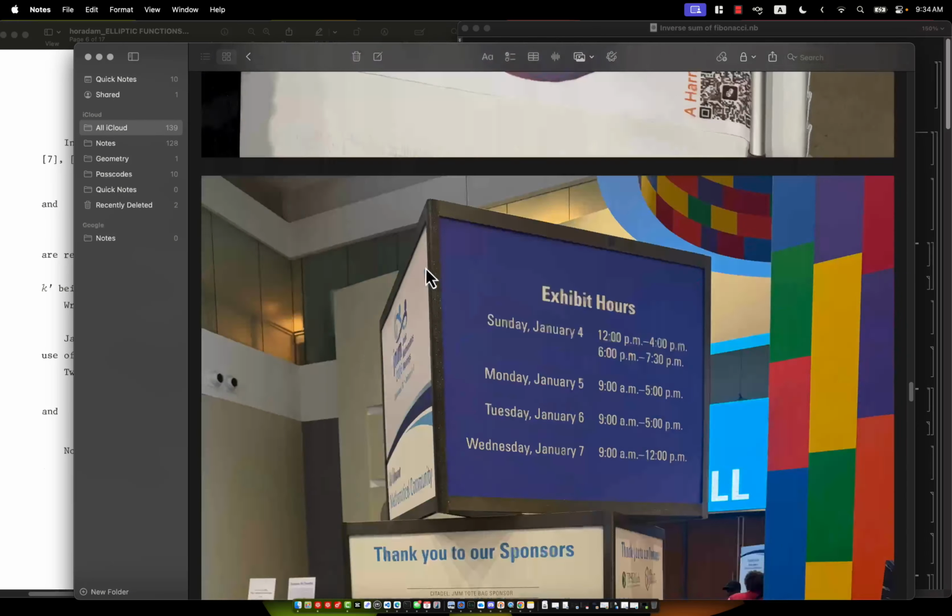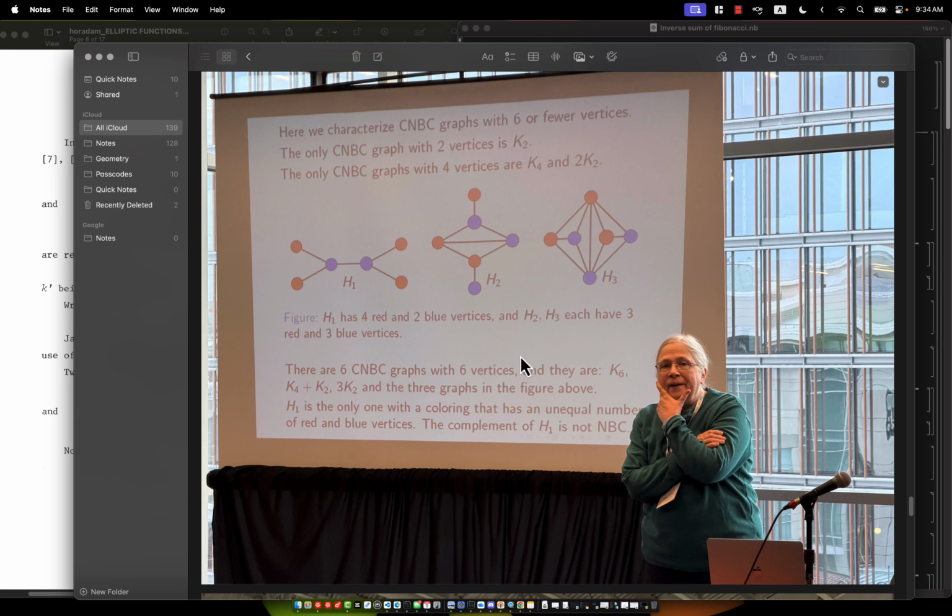This is the entrance of the exhibitor hall. Some repeats, and this is what the poster looks like if you take a larger picture and zoom in. And the publishers' books, some of the lectures on graph theory. This one is about the friendship graph and neighborhood bicoloring graph, I think.